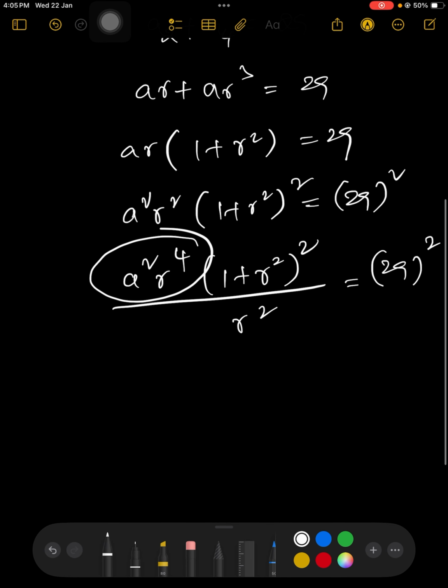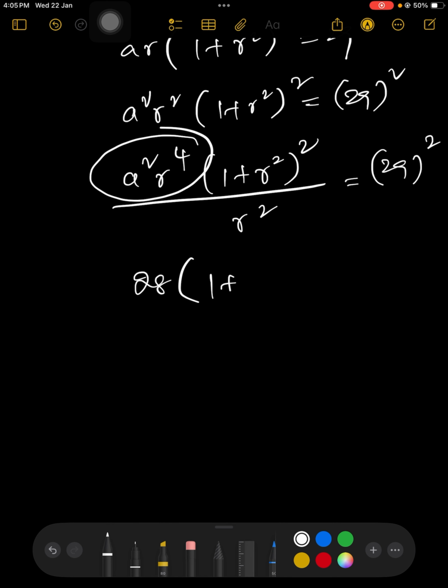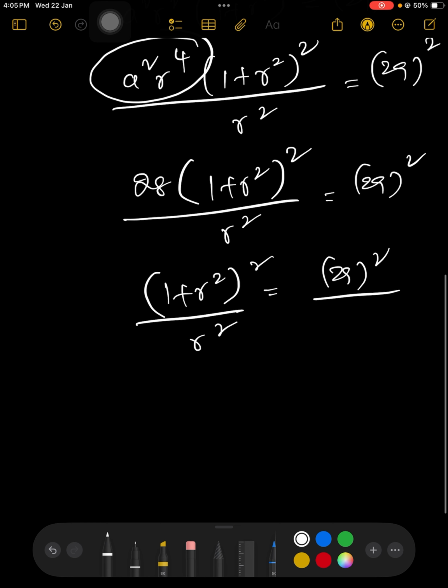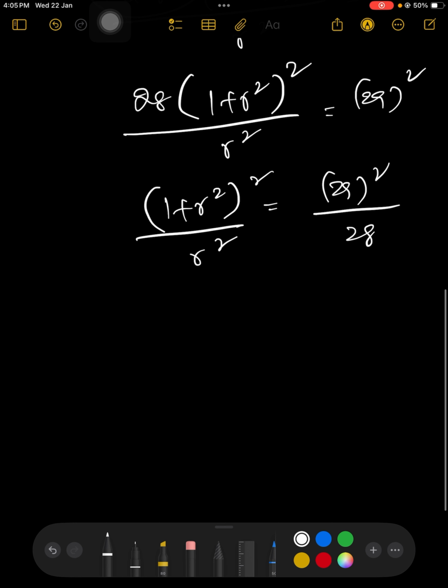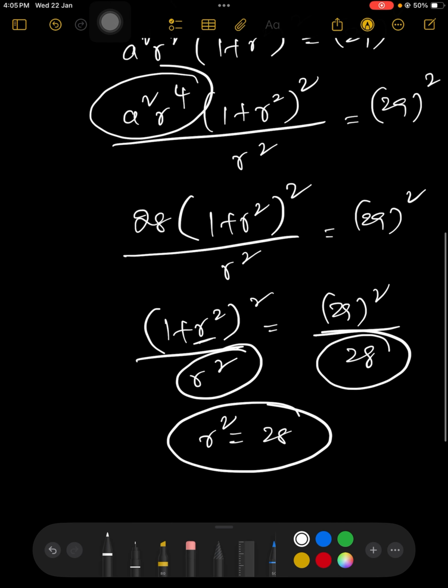Because we got A square R power 4 value is 28, then we have 28 into (1 plus R square) whole square by R square equal to 29 whole square, so that (1 plus R square) whole square by R square equal to 29 whole square by 28. Again, no need to do further simplification. Simply comparing R square value, you will get R square equal to 28.